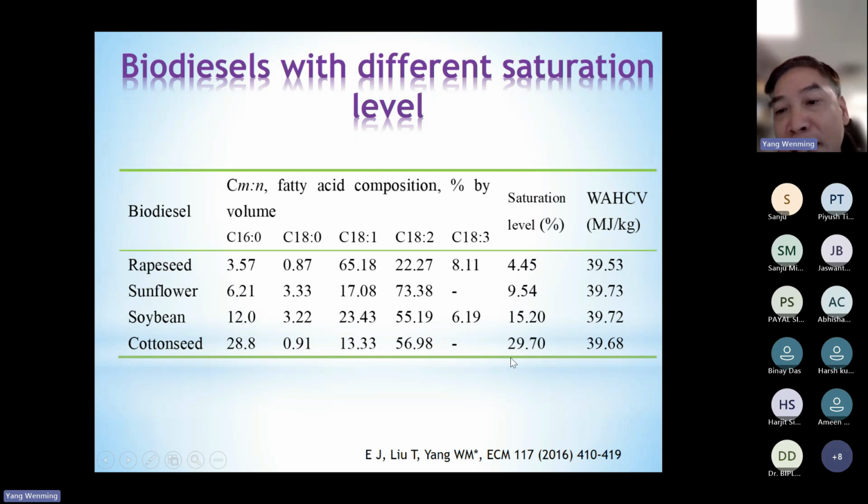Cottonseed is 29.7. So this is for different biodiesels, and we can see the saturation level is different. In this investigation, we hope to understand the impact of saturation level on the performance and on the major emissions of the engine.